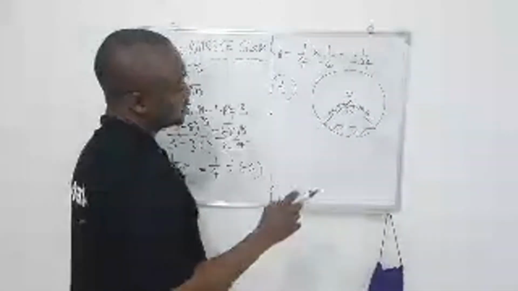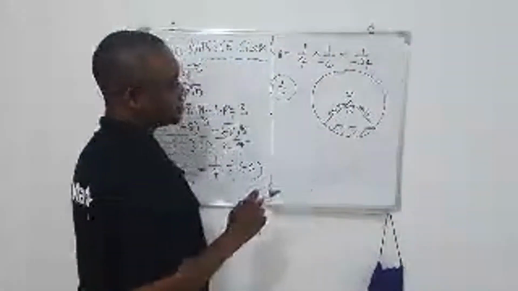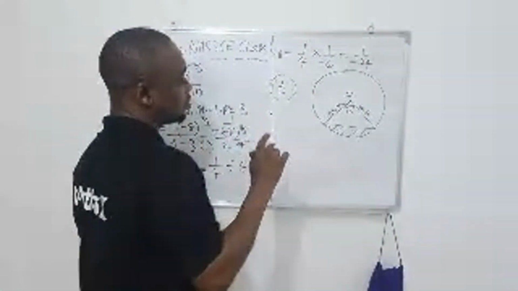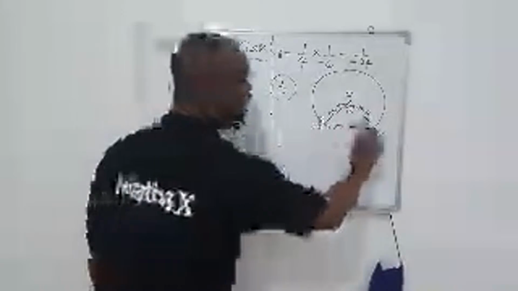This is the minor segment. So the perimeter of the minor segment will be the length of the chord plus the arc length.